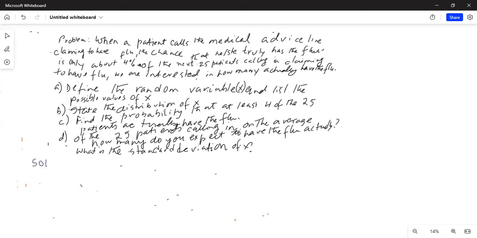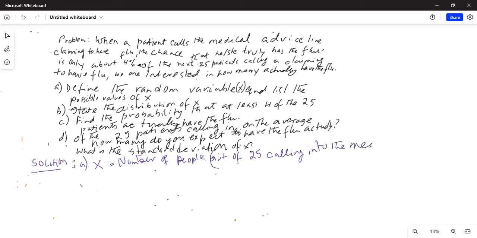So, solution. Define the random variable X. Random variable X is the number of people out of 25 calling in to the medical advice line who actually have the flu.